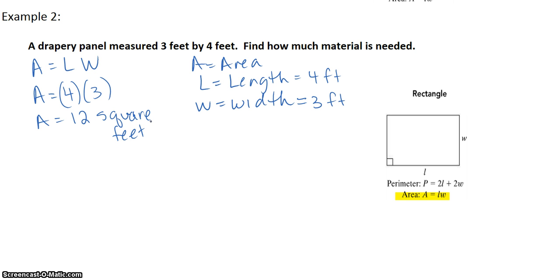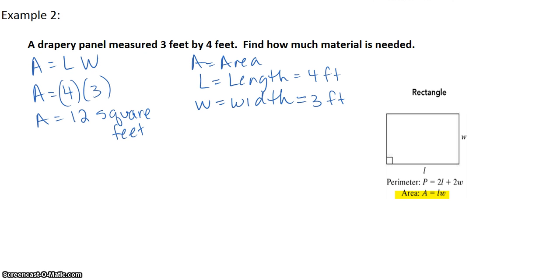The reason that it's in square feet is the following. So let's label this again. The width is 3, the length is 4. So instead of looking at the boundary, we're looking for the material needed, the inside space. So what we do is you break the length into 4 pieces. There's 1, 2, 3, 4 feet there.